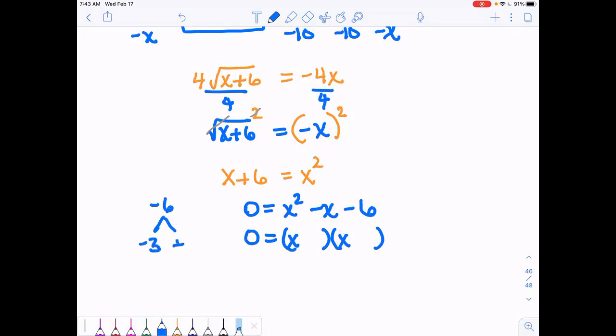And that would be a negative 3 and a positive 2. Remember, when you're factoring, if there is a 1 in front of the x squared, that's the shortcut method. So take your two factors, place them in parentheses equal to 0, and then solve. So x is 3 and x is negative 2.